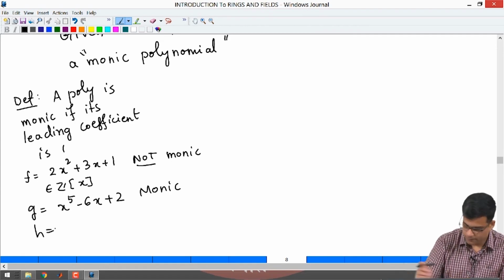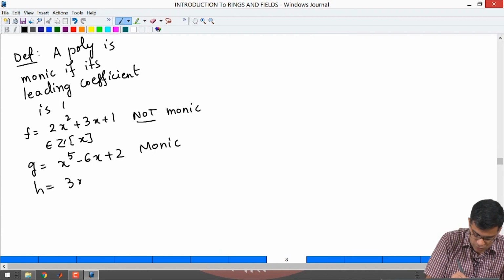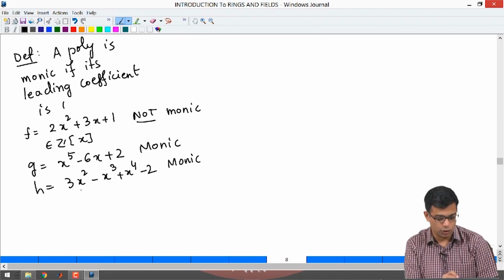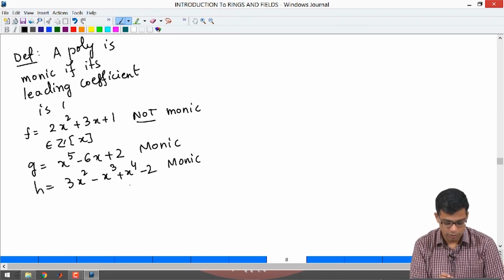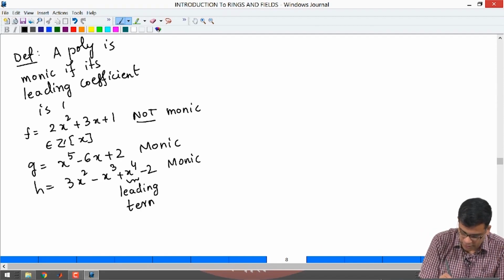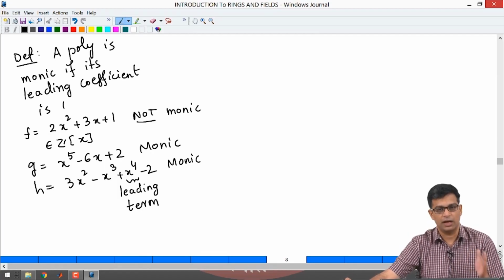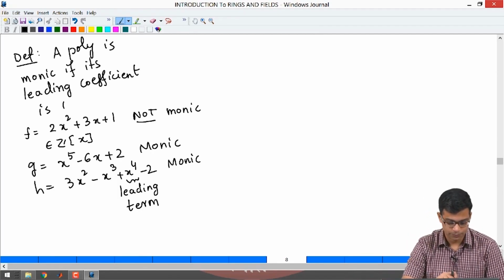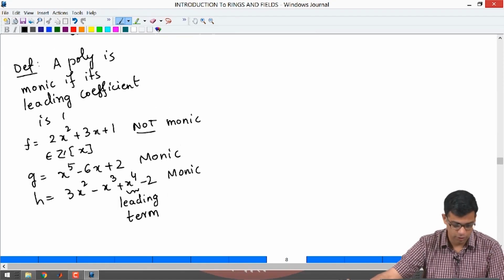And what about h? h is 3x^2 minus x^3 plus x^4 minus 2, which is also monic, right, because even though I have not written them in the correct order, the leading term is this. The leading term is by definition the term with the largest degree. So, here the leading term is x^4 and its coefficient is 1. So, it is monic.